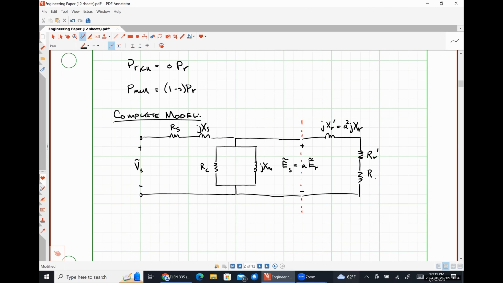And this is R_R prime over slip times 1 minus S, where this whole thing added together is just R_R prime over S, so that the whole circuit is acting at our stator frequency, and R_R prime is just A squared R_R over S.